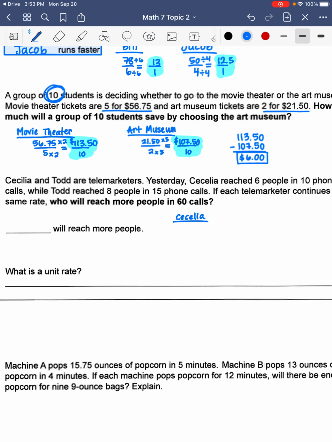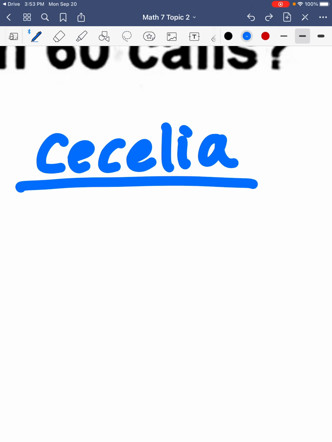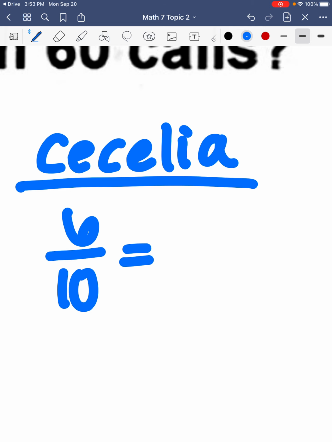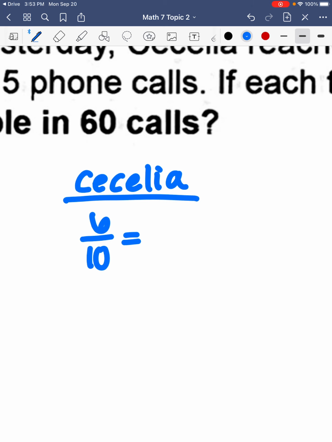We know that Cecilia reached 6 people in 10 phone calls, right? So 6 people in 10 calls.